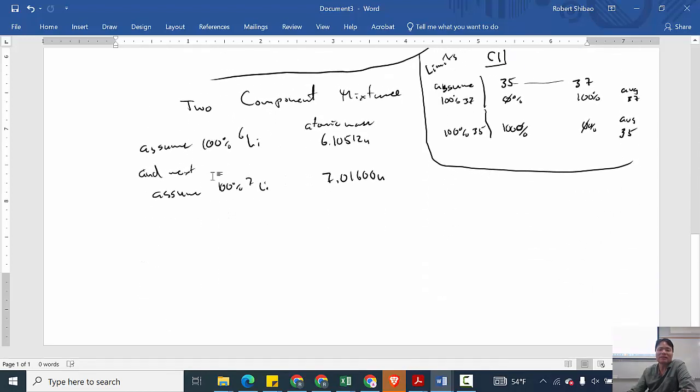And then I graph it. So I graph it based on the heavier one. So I'm going to put percent lithium 7 here, which is the heavier one, and I'll go 100%. This will give me a positive slope because if I'm at 100% lithium 7, I'm going to have an average mass of 7.01600 u.